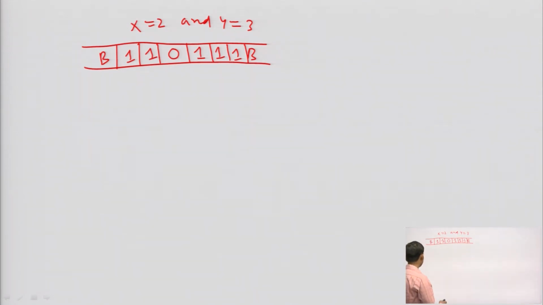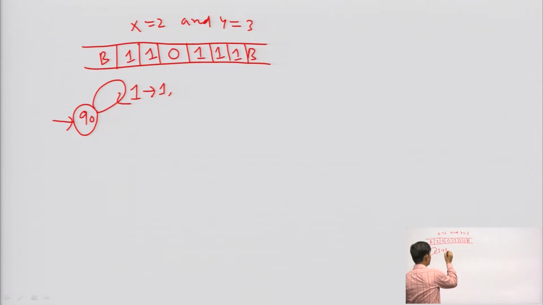At the end the output tape will be 5. So what you have to do, first in Q0, see how I draw the diagram. Q0 is the initial state of the Turing machine. For all x, you move right, right, right. x is 2. Now you have to make a loop here. This is 1, 1, 1, right.